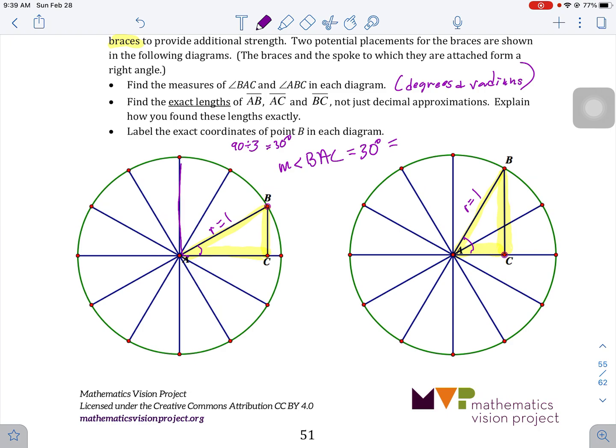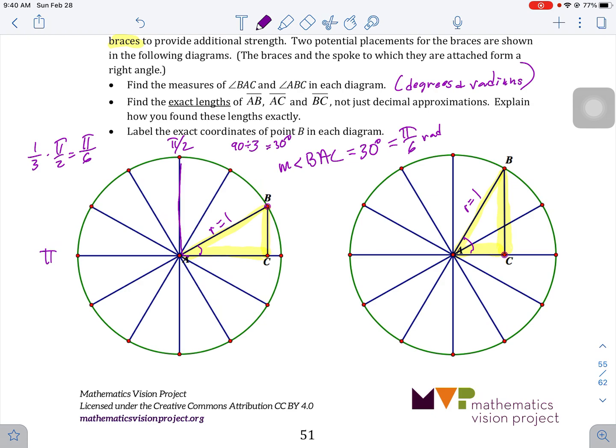It's also, if you think about 2 pi as the number of radians in a circle, therefore pi radians is half a circle and pi over 2 radians is a fourth of a circle. You can see that it is 1/3 of pi over 2, which is equal to pi over 6. So we can also represent it in terms of radians as pi over 6 radians.